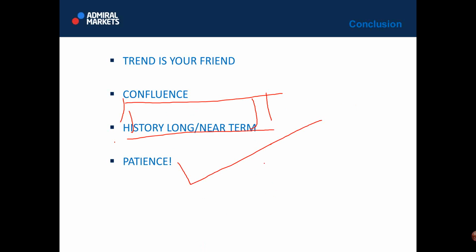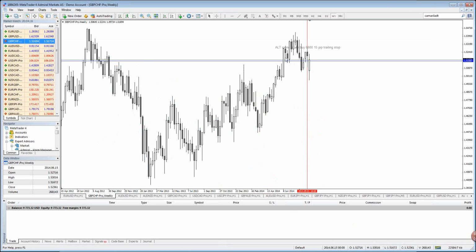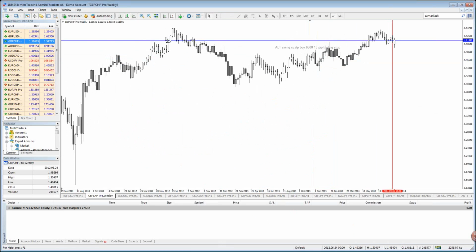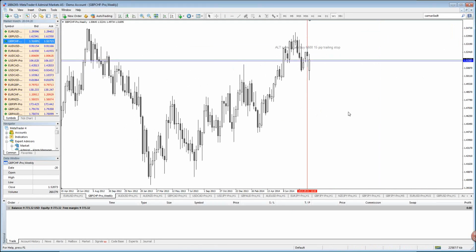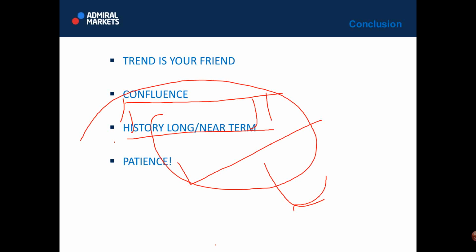Most of you want to trade stochastic crosses, but if you apply this in your technical analysis, that's great. It's not possible to create a robot because that is very subjective. What I see here, maybe a robot won't see. So you need to manually search for long-term, near-term, fresh-term, historical buyers and sellers.